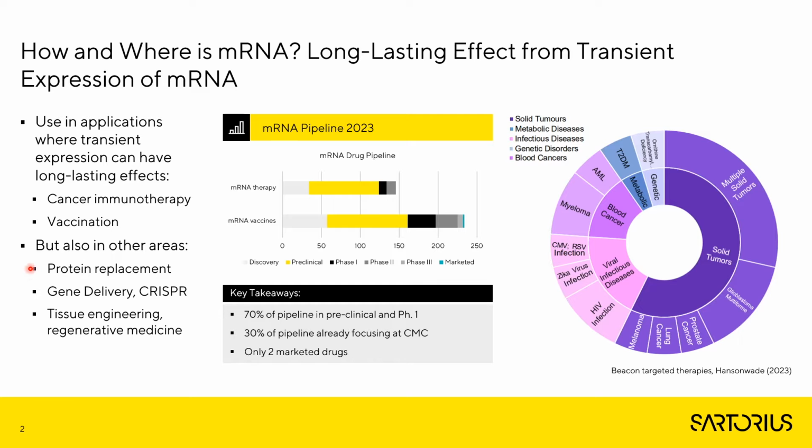And protein replacement therapy can present a different challenge compared to vaccination, because in the case of protein replacement, we will need potentially repeat and frequent dosing on a more regular basis, and this has a completely different requirement in terms of the immune response and immunogenicity of the therapeutic being used for protein replacement.